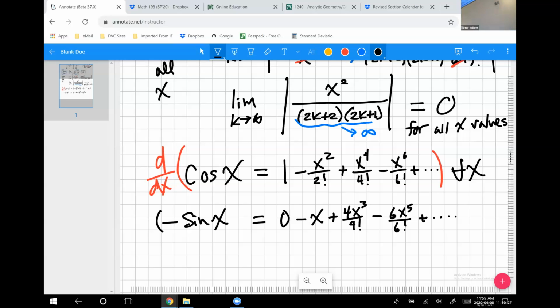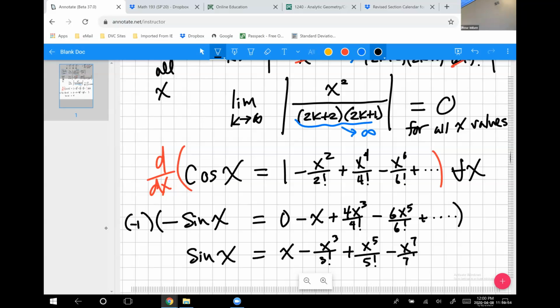And if I multiply both sides by -1 so that I get the sine function, I get that sine of x is equal to positive x. And notice that the 4 cancels with the 4 in the 4 factorial, leaving you with 3 factorial. So I get minus x cubed over 3 factorial plus x to the 5th over 5 factorial minus x to the 7th over 7 factorial.